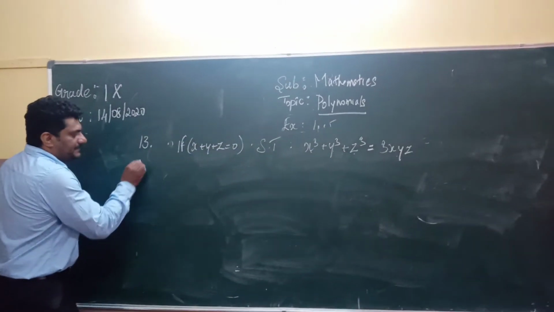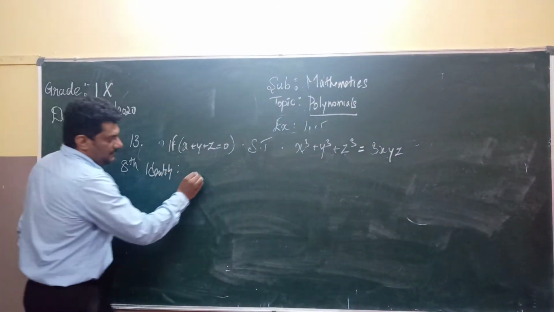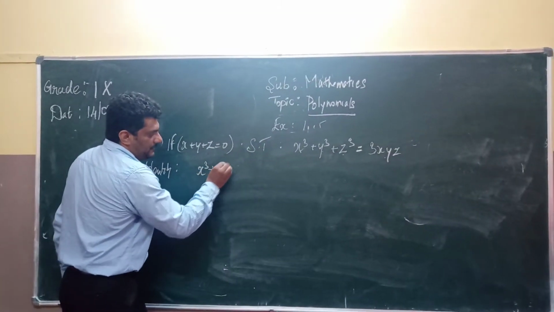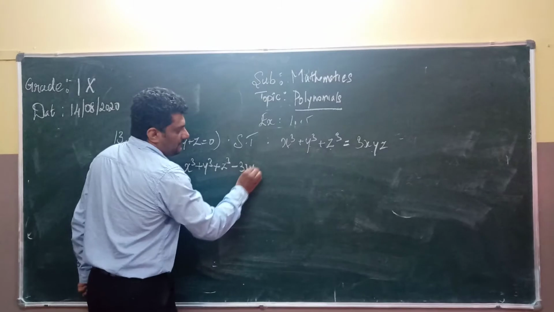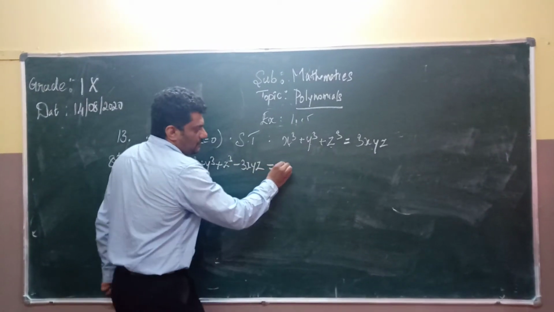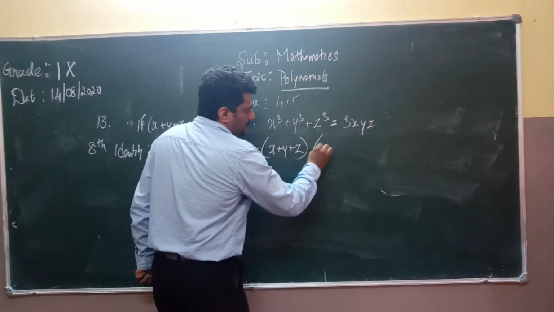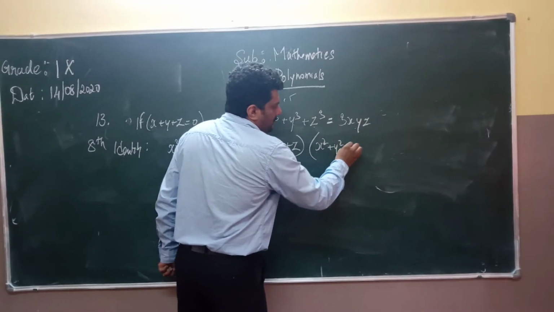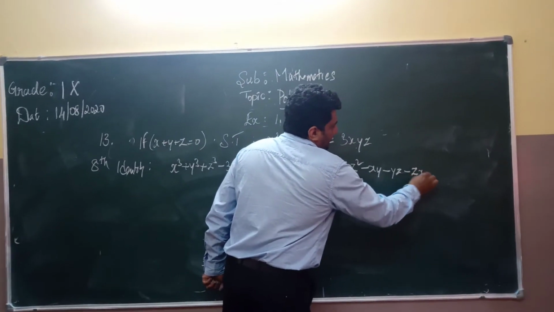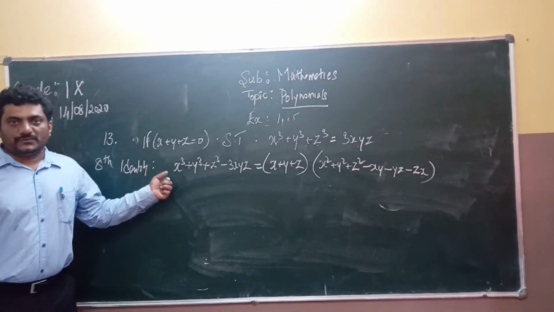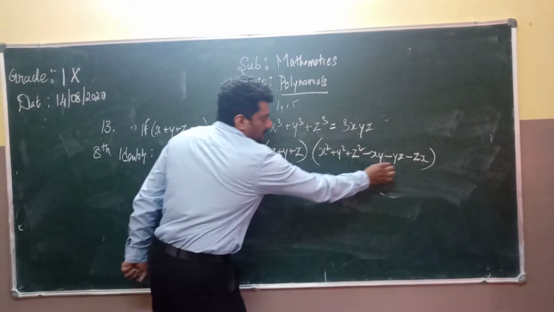The 8th identity states that x cube plus y cube plus z cube minus 3xyz is equal to (x plus y plus z) times (x squared plus y squared plus z squared minus xy minus yz minus zx). This is the 8th identity which you have for this chapter. It says that this complete thing is equal to this one.